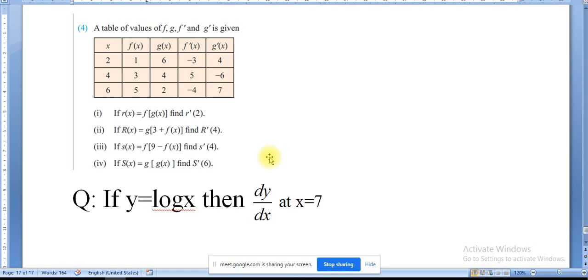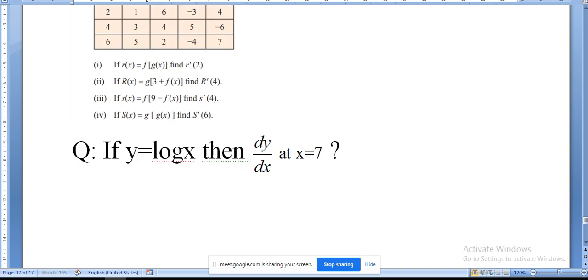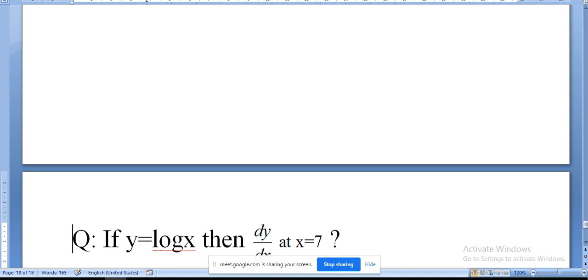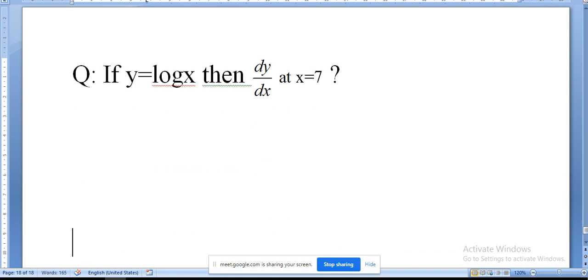Find dy by dx at x is equal to 7. I request everyone to do this sum on their own and answer in chat box. It is a simple sum. All you need to do is find out the derivative of it, and wherever there is x, replace it by 7.